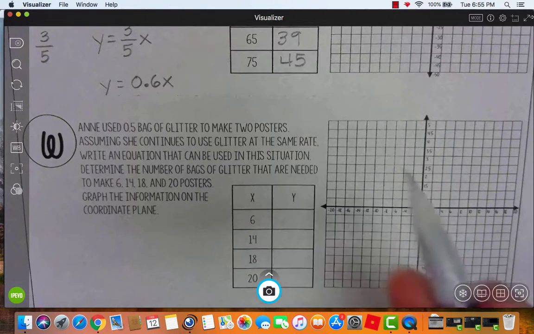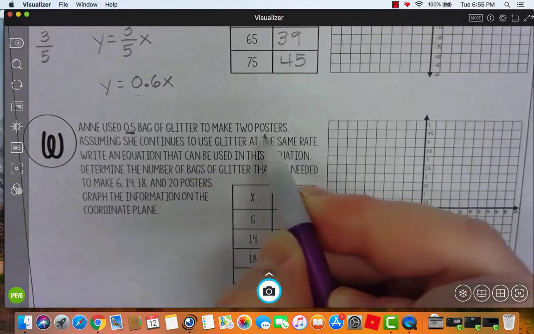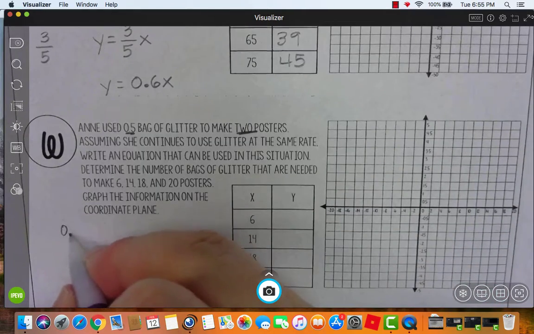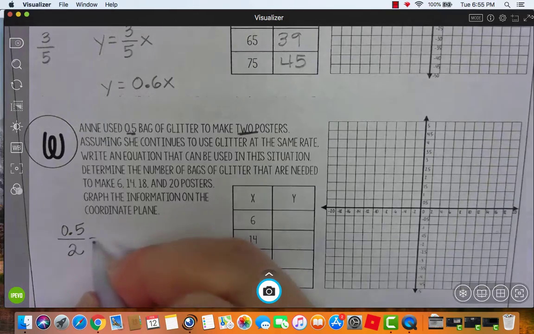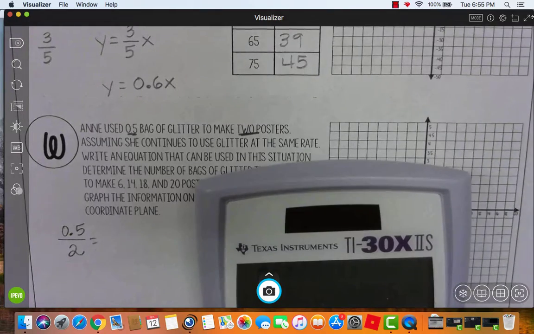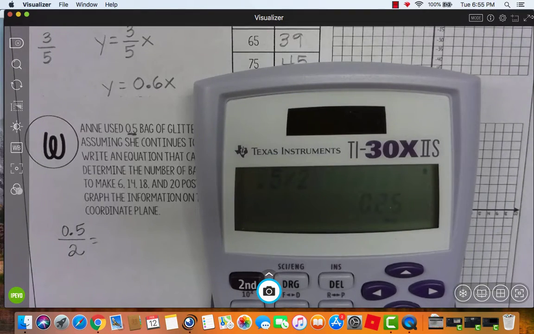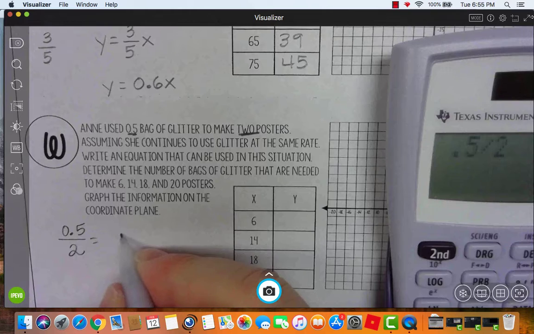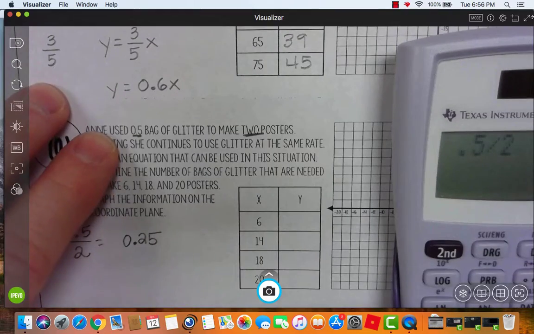Okay, so here's our big thing. She used half a bag, 0.5 a bag of glitter to make 2 posters. So here again, 0.5 divided by 2. Now, we all know what this is going to be. It doesn't hurt to play with it. So basically, we're going to use a quarter of a bag.